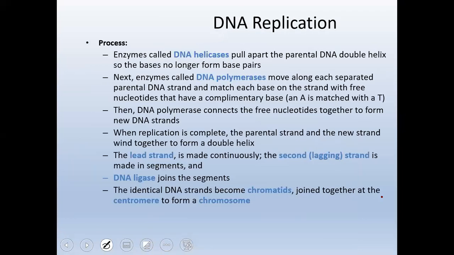So it's during this phase that our DNA begins to divide. We're preparing. So the first thing we've got to do is make an exact copy of our DNA. And the way that we do that, the first thing we got to do is take our 2 strands of DNA and break them apart. And helicase is the enzyme that does that.